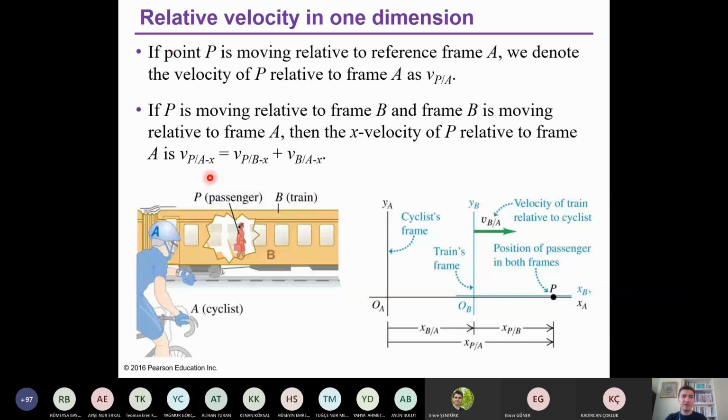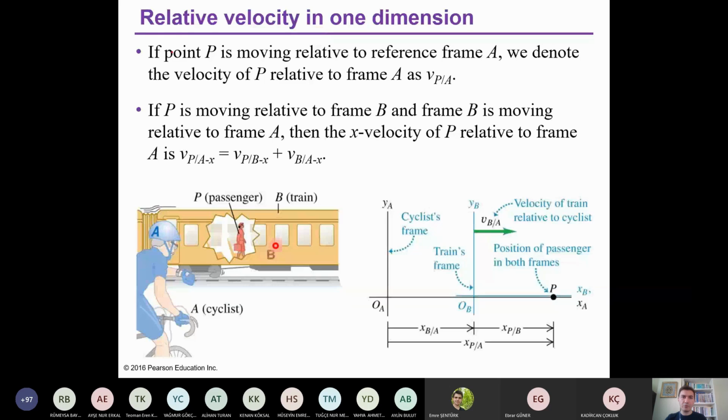Okay, so relative velocity in one dimension. We continue. If point P, this passenger here, is moving relative to reference frame A, reference frame A is this one, the cyclist.